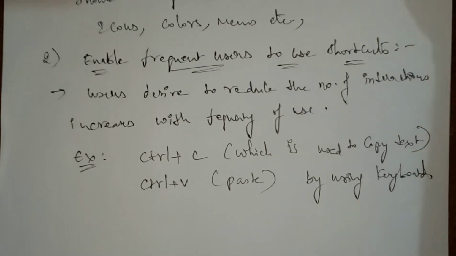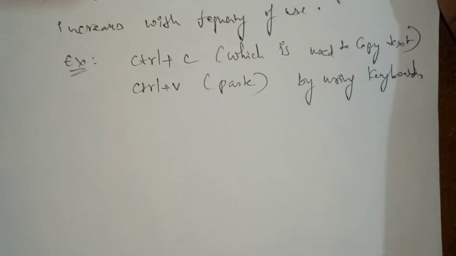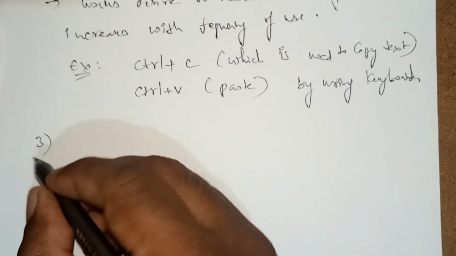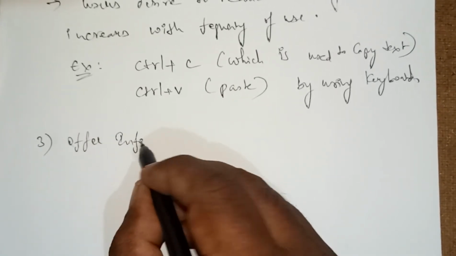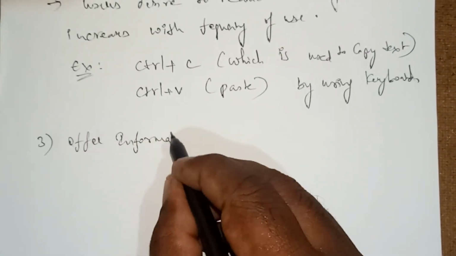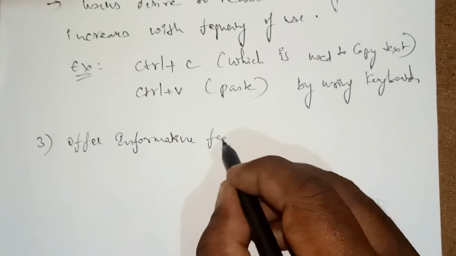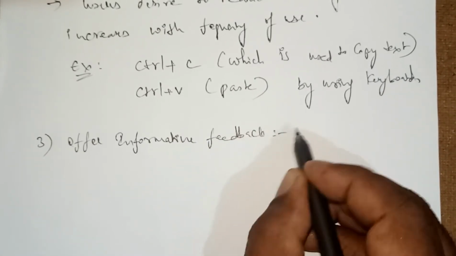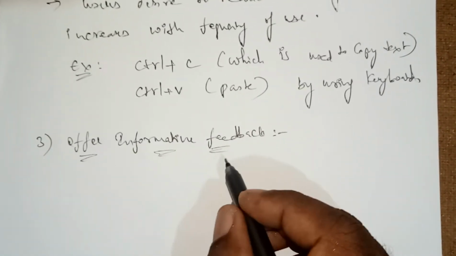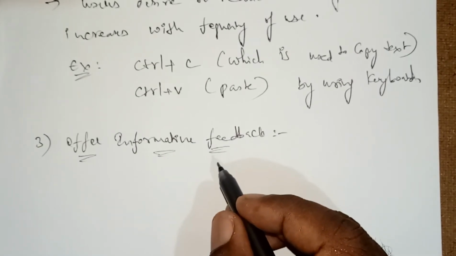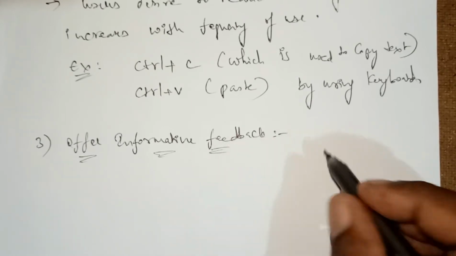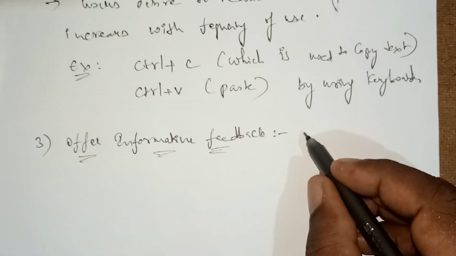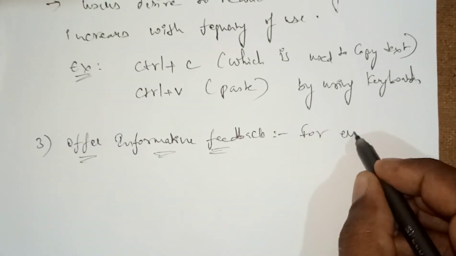And coming to the third rule, the third one is offer informative feedback. For every operator action there should be some system feedback.